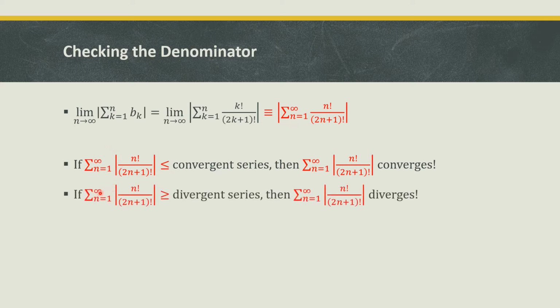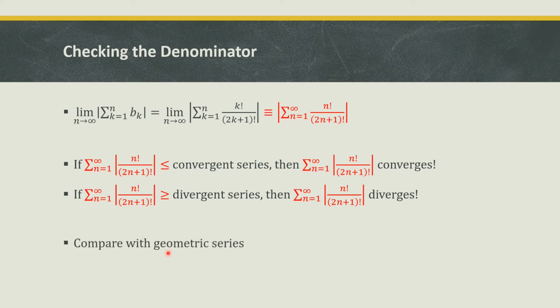Likewise, if we can show that this term is greater than some divergent series, then this sum also diverges. So we've been using this from the very beginning to show convergent and divergent series or sequences.